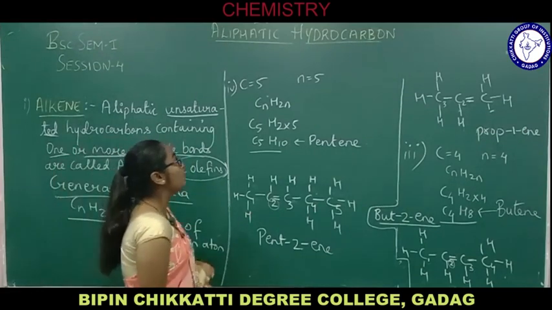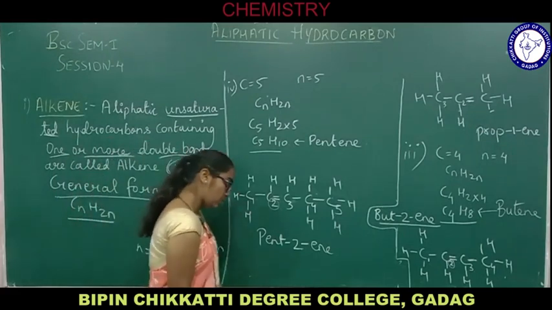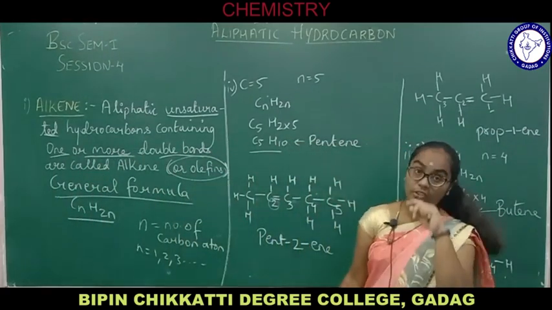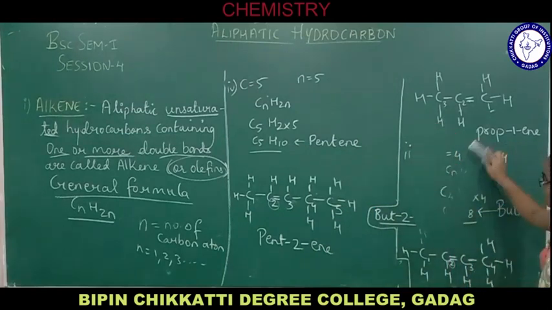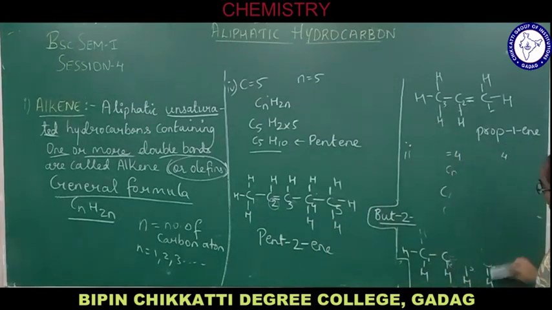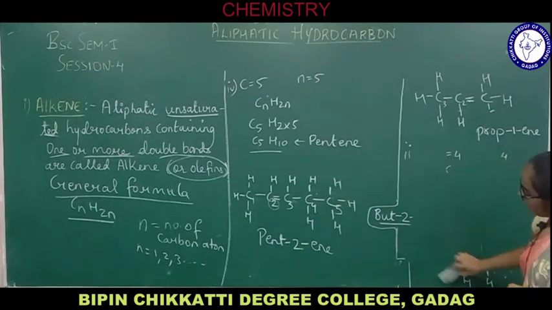The 5th carbon is over, now the 6th carbon atom will come by substituting for the 5 over there, right? So let's talk about the next member belonging to the alkene family.